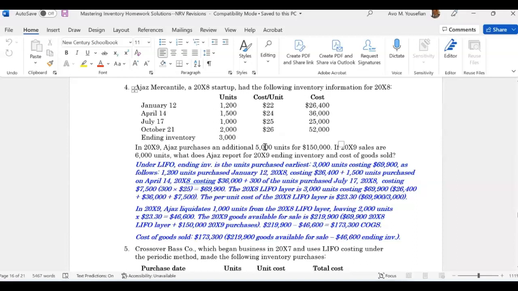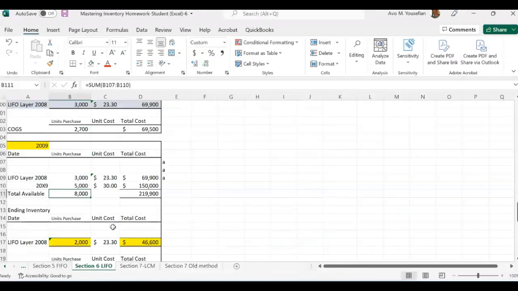So 2,000 is left. Make sense? If you bought 5, you sold 6. That means the whole 5,000 is gone. So 3,000 minus 1,000 is 2,000 left, which you know based on physical count also. You have to do a physical count. So we know it's 2,000 left. Very good.